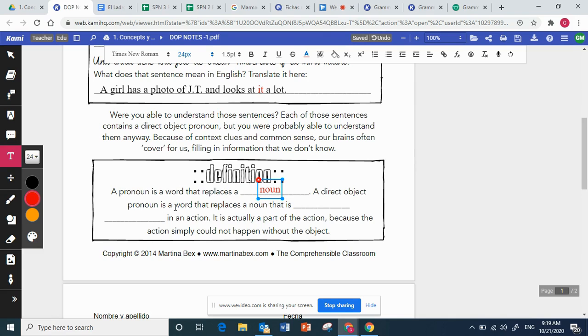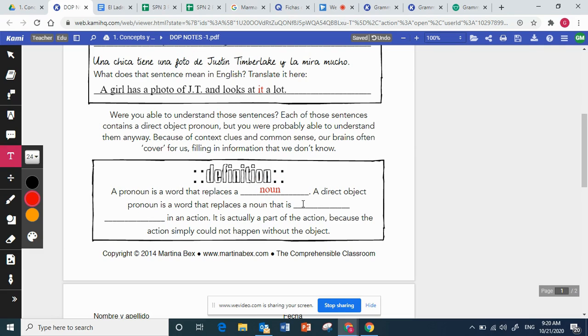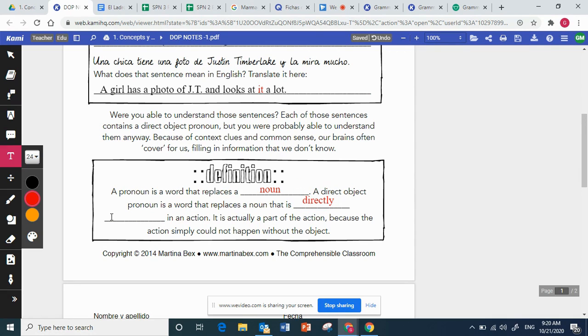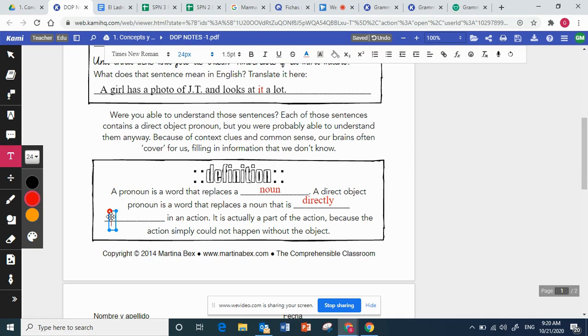A direct object pronoun is a word that replaces a noun that is directly involved in an action.